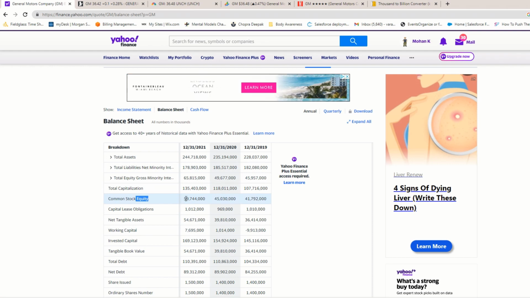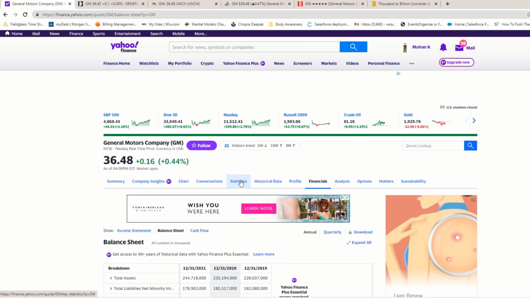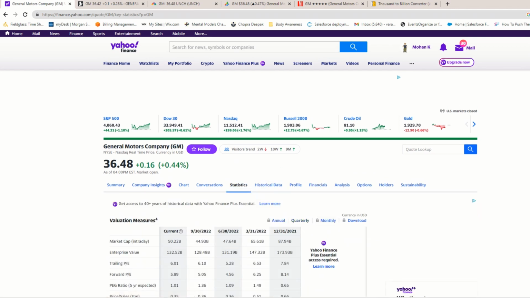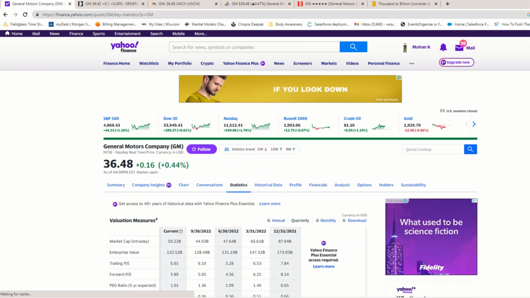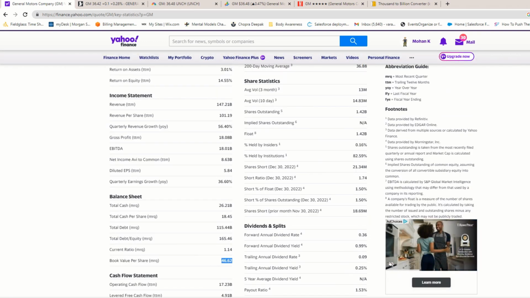And if you remember, if we divide this equity for the whole business by the shares outstanding, you will get the book value. So let's see what's the book value for General Motors. If you go to the statistics and then come down here, there is a book value which is 46.62 per share. That is the book value.